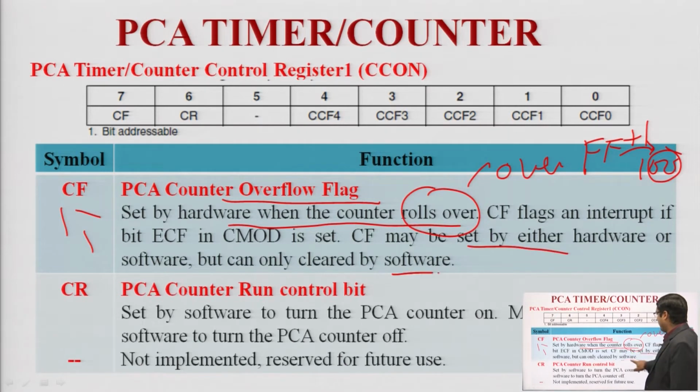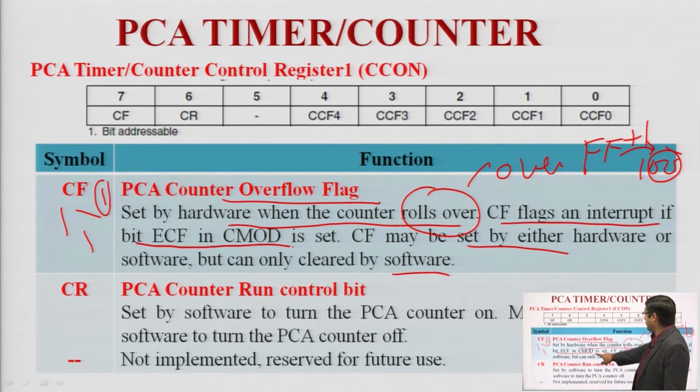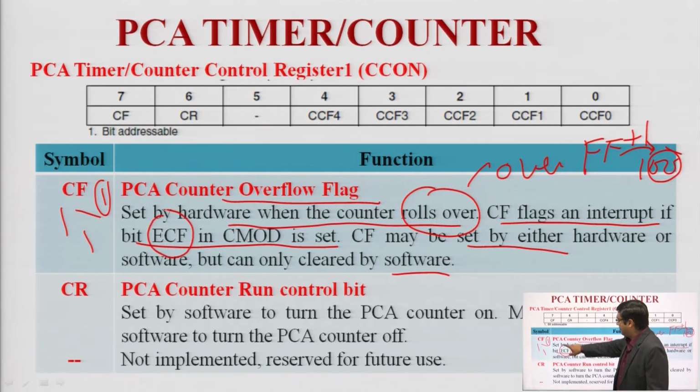When it rolls over, this bit will be set, and it will be reset by software. When the value is 1, the CF flags an interrupt if bit ECF in CMOD is set. In the previous lecture we saw the CMOD register, and in the CMOD register there is 1 bit reserved for ECF. ECF is basically the enable counter overflow flag.